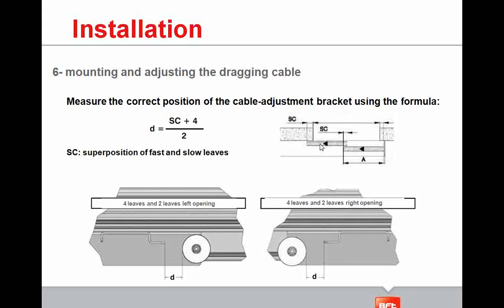It is the quotation of the slow down leaf that is on the wall, so it is this space. You must know this space, and after that you can calculate the distance between the bracket and the wheel. For this, it's very important to be very precise.